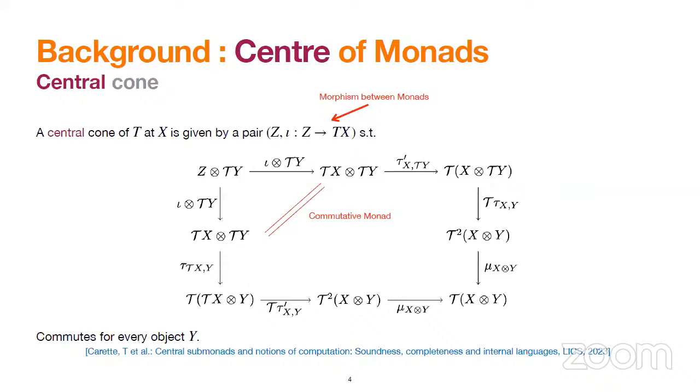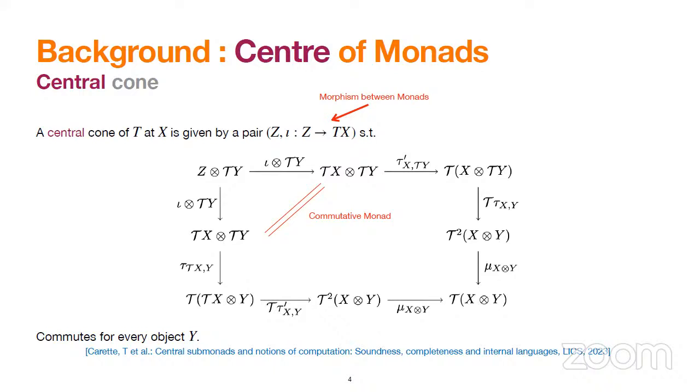To formally construct such a center of the monad, they define a structure called the central cone. First, you don't need to look at the whole picture. We only need to look at this picture. It's actually the commutativity of the monad.